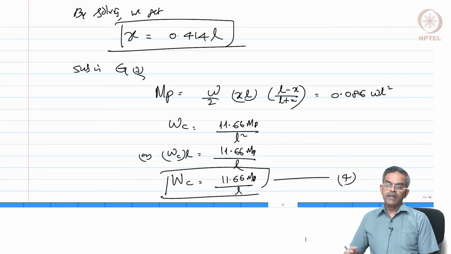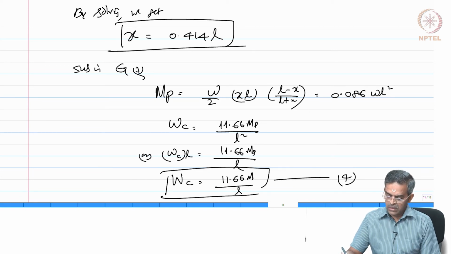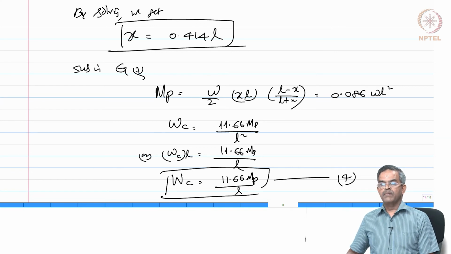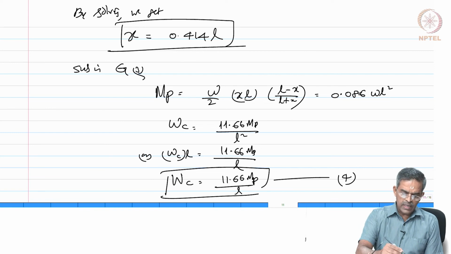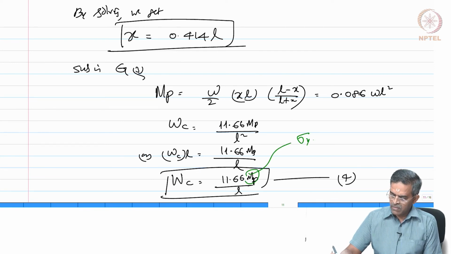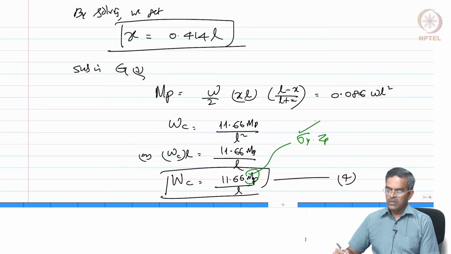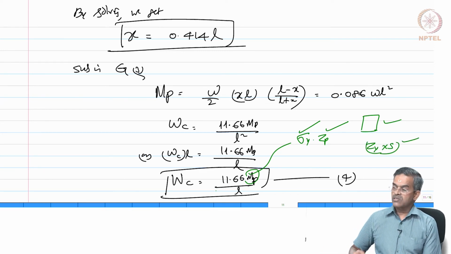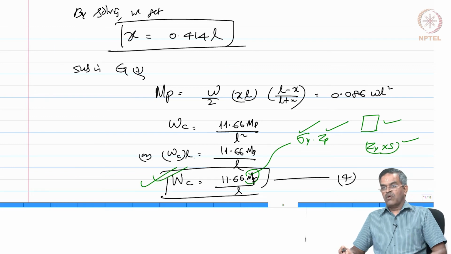If the system is complicated and you cannot draw the statically admissible bending moment directly to locate the plastic hinges, then the solution is tricky. So, in this case WC is given by 11.66 MP by L, and we all know that MP is sigma y into Zp. Sigma y for the material is known, Zp for a cross section is known, because Zy into shape factor is known. So, the right hand side of the equation is known, therefore, WC can be computed. So, collapse load is estimated.